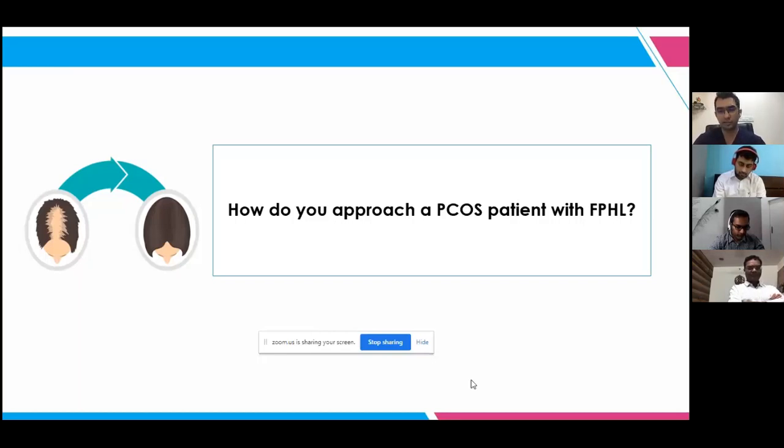We generally go for investigations, either DHEAS, Mullerian inhibiting hormone, FSH-to-LH ratio, and definitely we like to go for the ultrasound. Based on the clinical findings and the severity of the lab report, we end up giving either Aldactone along with topical minoxidil, or sometimes we even start with plain topical minoxidil 2%, 1 ml 2 times a day.